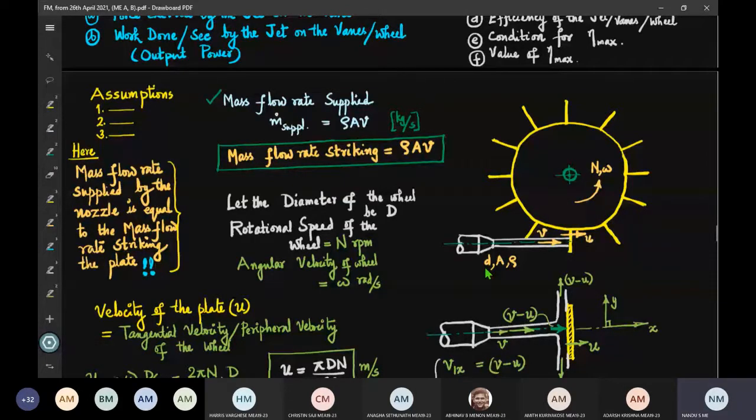So for continuous power extraction from impact of jet on vanes, we make this kind of an arrangement. What we do is fix the jet at some position, and the jet is striking on a vane, and that vane moves away and the next vane comes in its place.